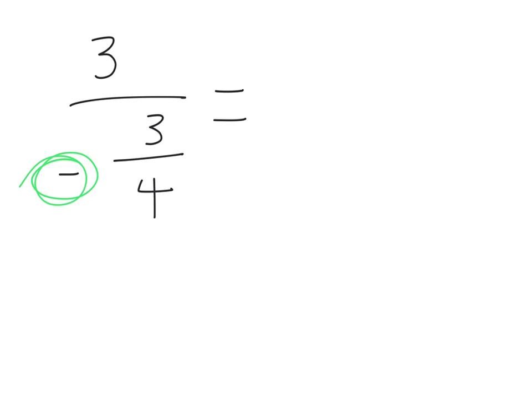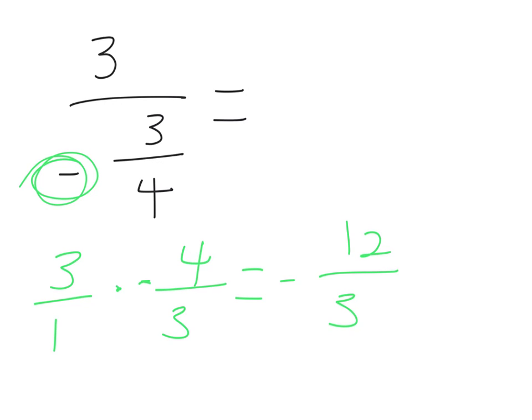Let's see what we get when we work that out. 3, I'll use the reciprocal here, and we end up with 3 into 12. We have the negative, so we're going to end up with negative 4 on that.